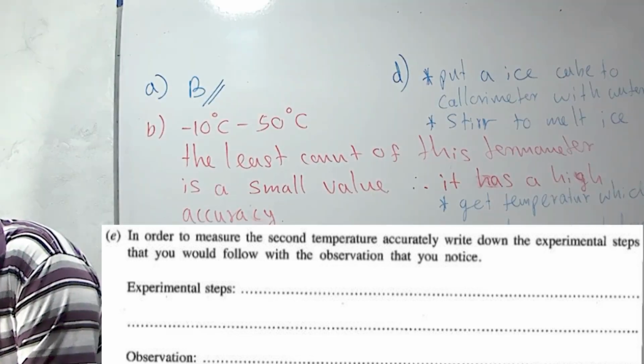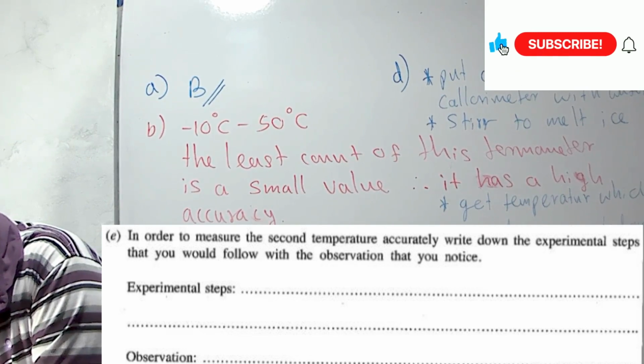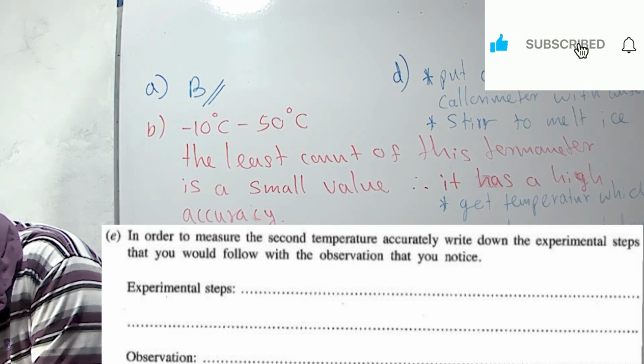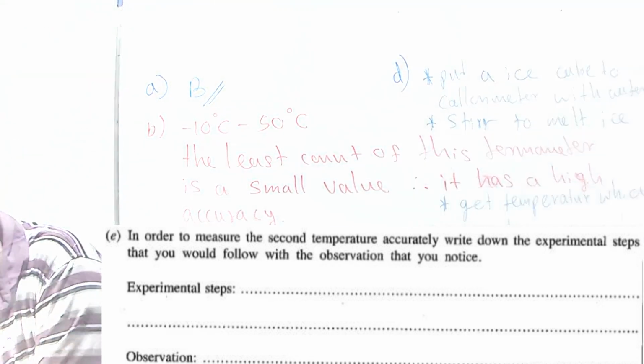Then part E. In order to measure the second temperature accurately, write down the experimental steps that you would follow with the observation that you notice.